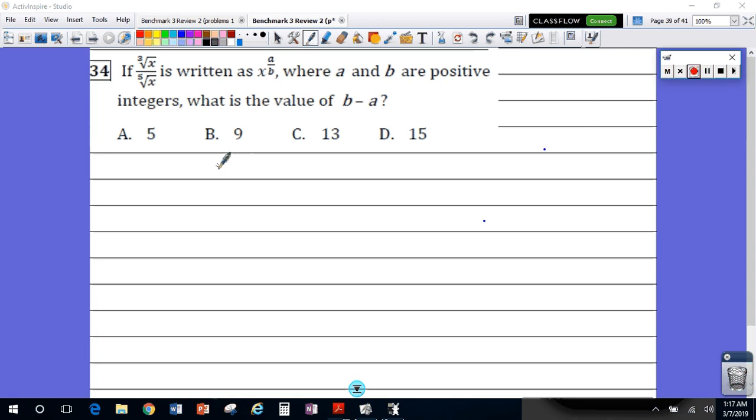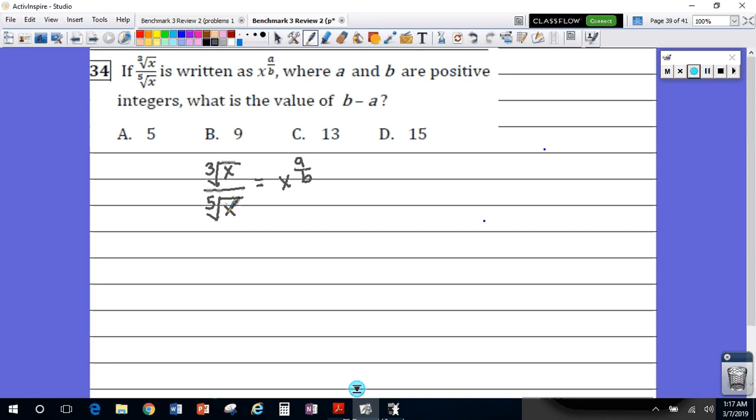Yeah, problem number 34. Cube root of x divided by fifth root of x equals, what I can write this one? This is written in the form of x to the power a over b, that is given to you.